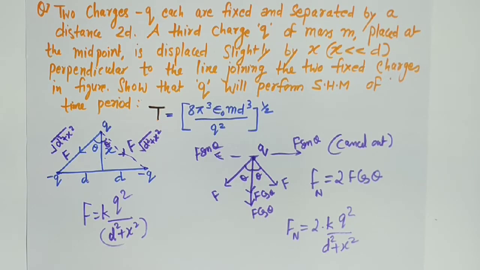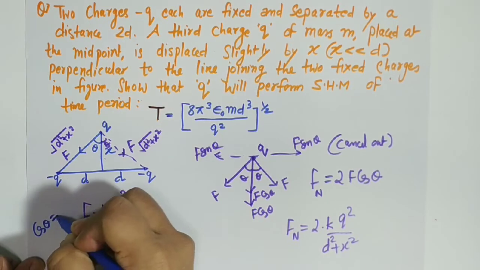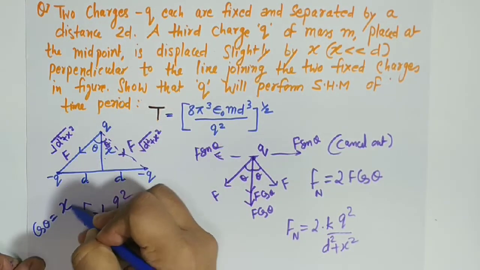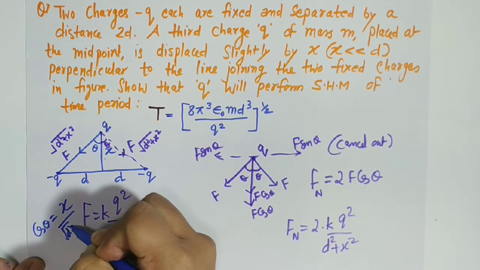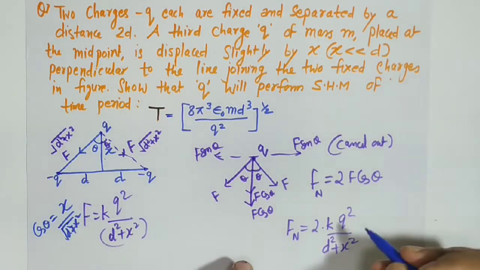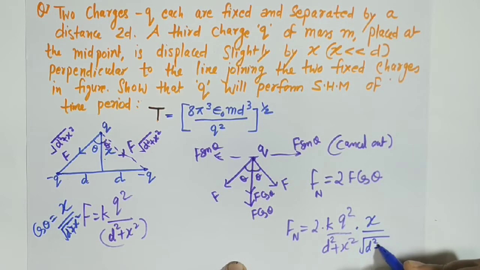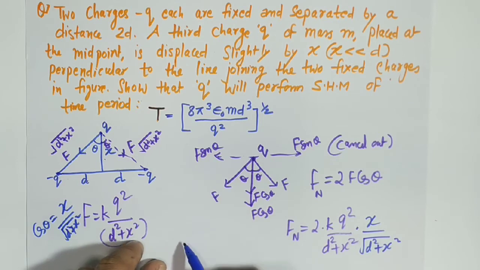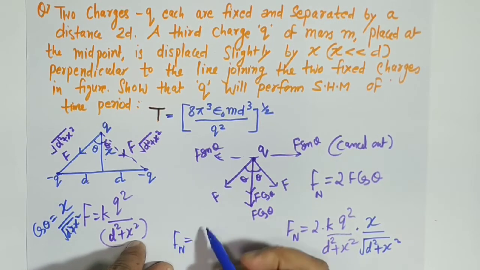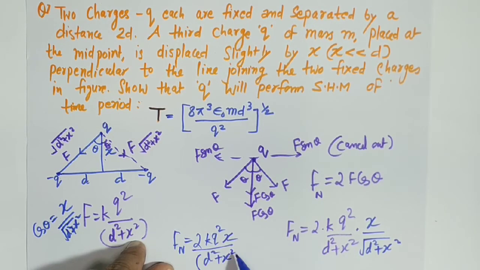You see, cos theta is x upon root d square plus x square. Got it or not? Base upon hypotenuse. So finally this force becomes 2kq square x over d square plus x square to the power 3 by 2. Okay, so very easy.